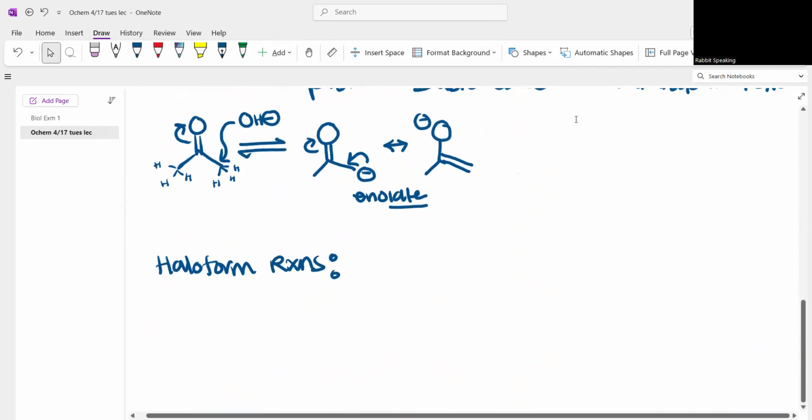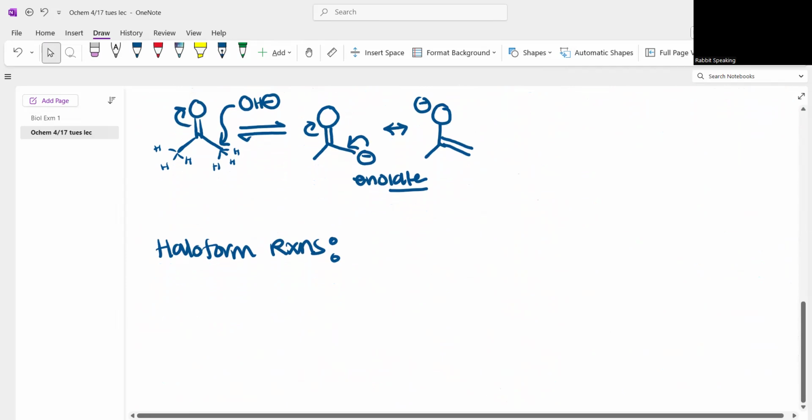I'm going to quickly look up what a haloform reaction is because I've forgotten. So you have your ketone, your alpha carbon, your basic conditions, your halogen.